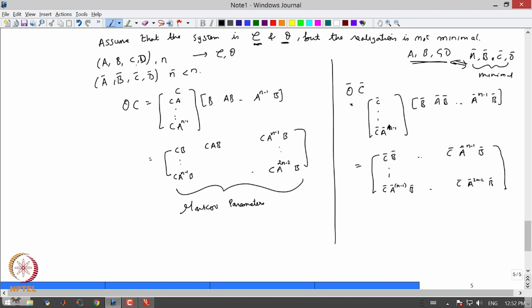Let me call this star and star with a bar. Now this star and the star with a bar realize the same transfer functions.